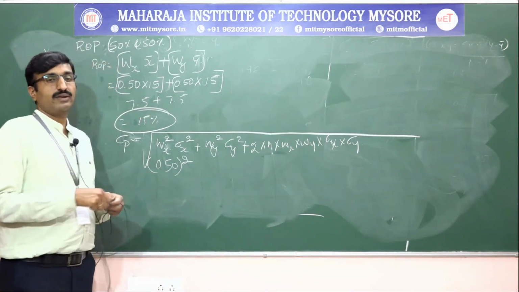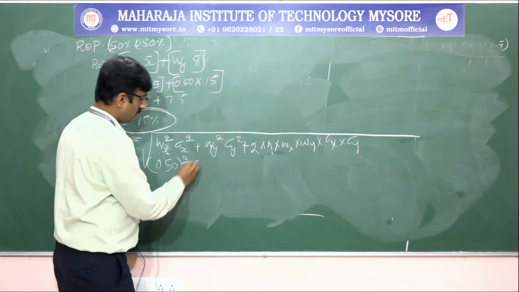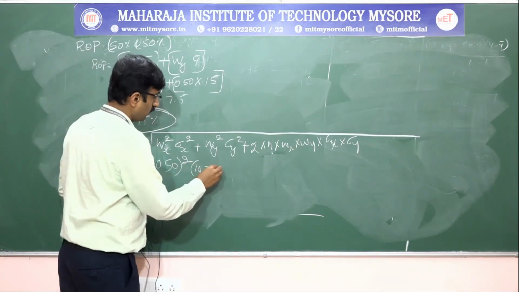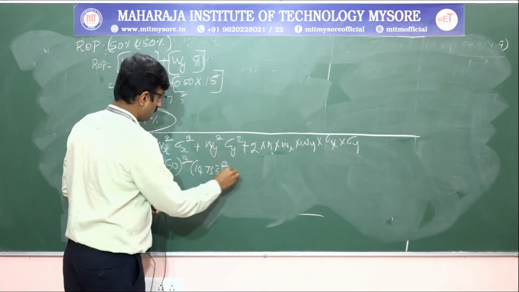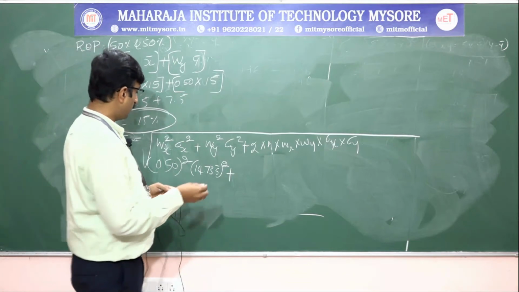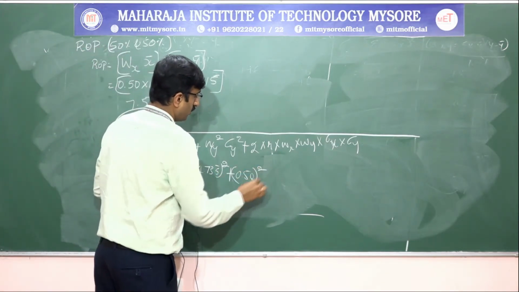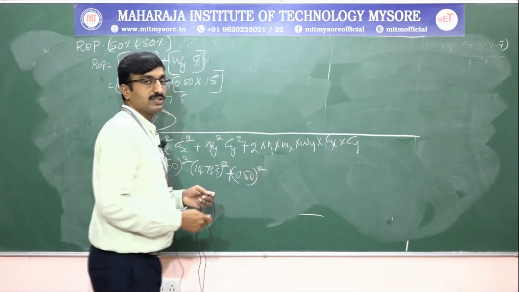So, how much we got: standard deviation X, that is 14.735 square, plus weight Y, how much it is, 0.50 square, into standard deviation Y square.